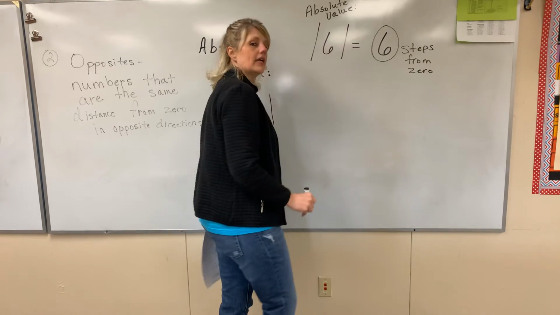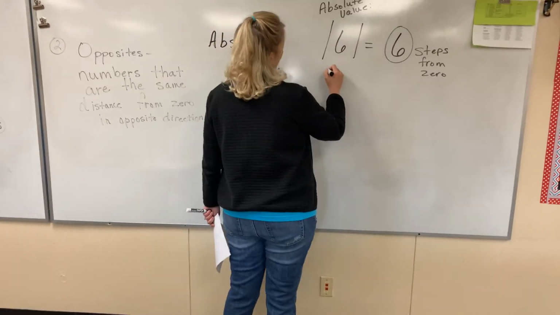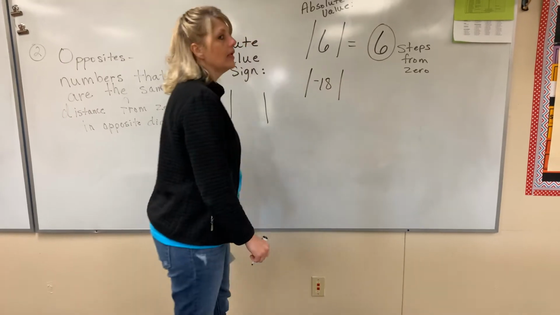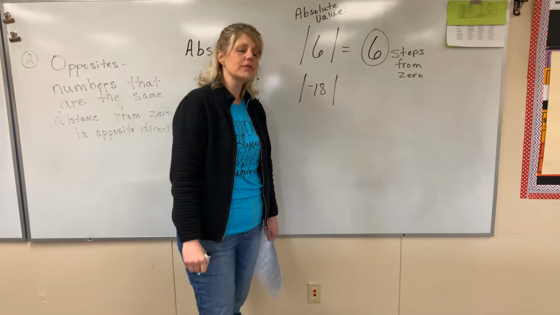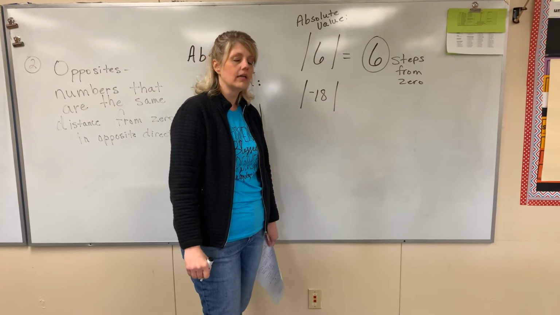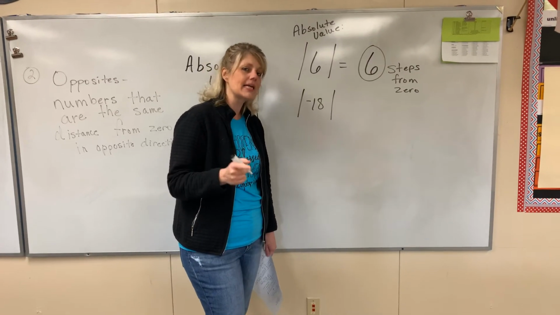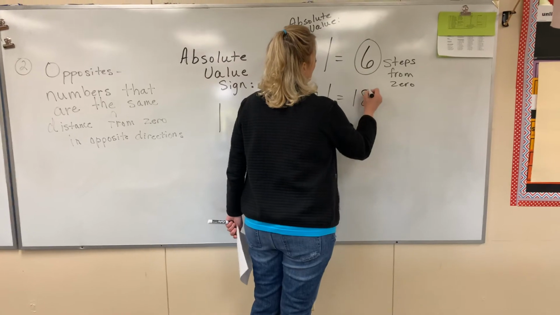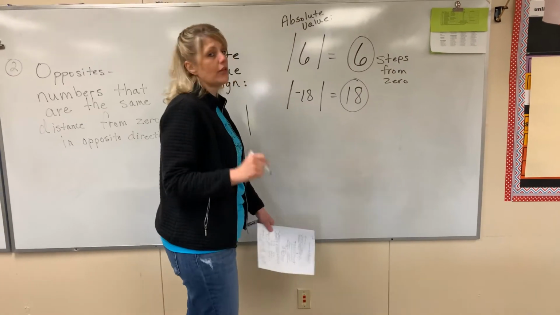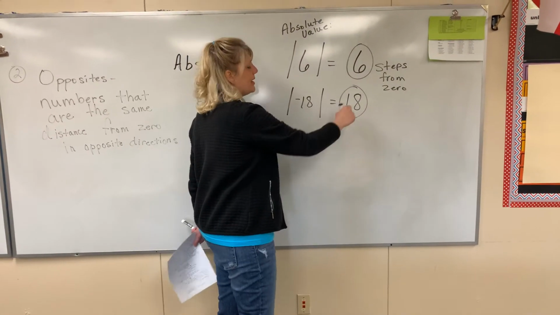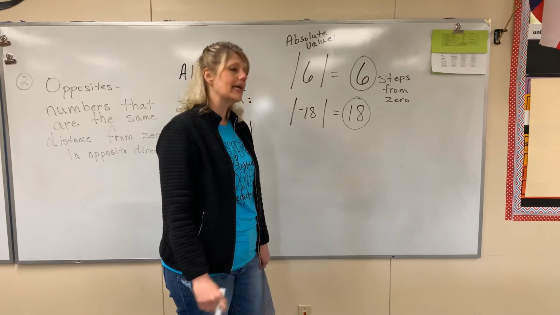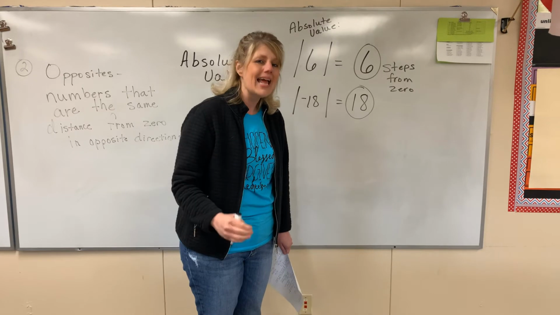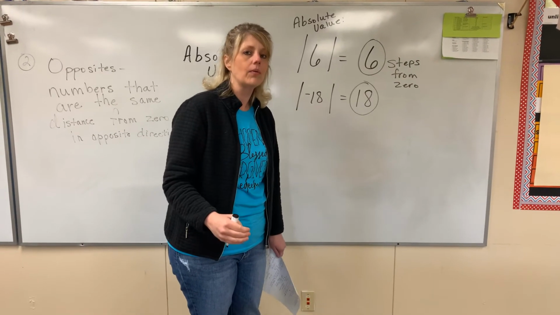Okay, let's take a look at another one. What if you had a negative 18 and they asked you, what is the absolute value of negative 18? How many steps are you away from 0? 18 steps. Now you notice Miss Lane did not put that negative sign in front because, again, I'm going to say this and you need to listen. You are not negative steps from 0.